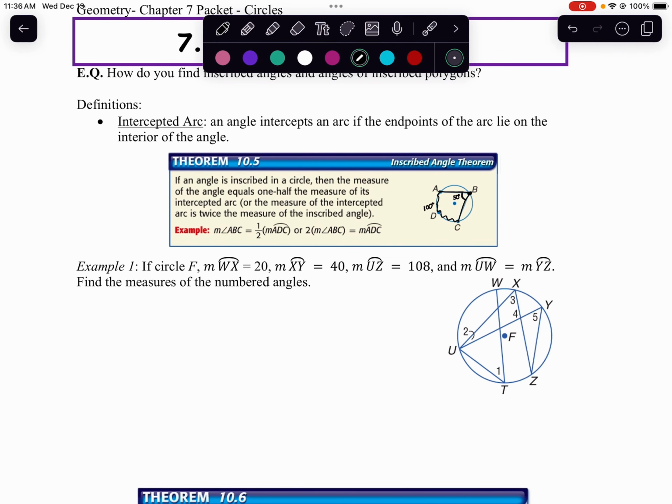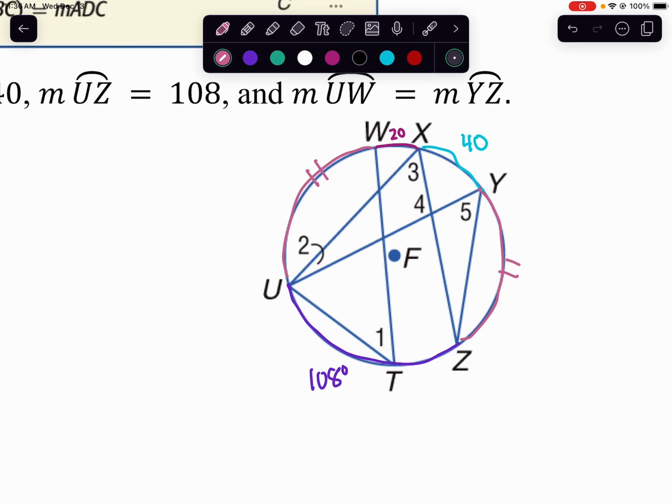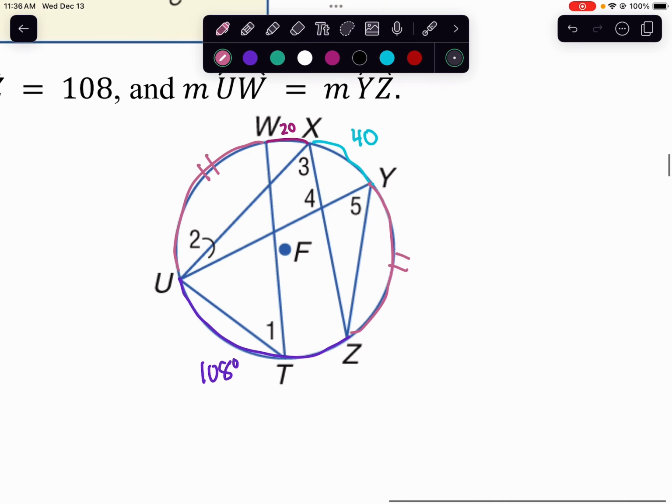In order to find the measure of all the numbered angles, I have to find the two pink arcs, U to W and Y to Z. We know an entire circle is 360. So I take 360, subtract 108, and subtract 60 because I added the 40 and 20 together.